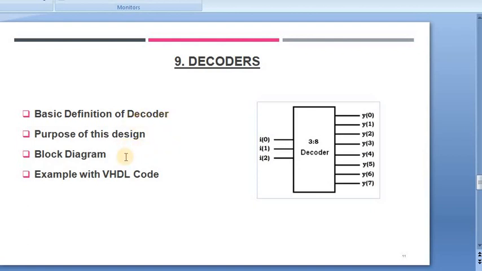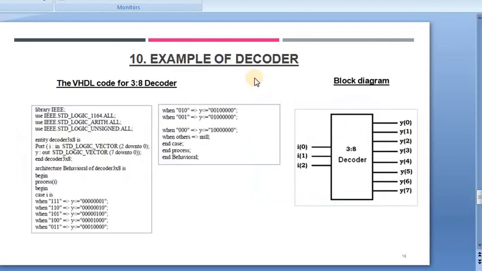Now in order to understand this topic in a better way, let's take an example of a decoder as shown on the next slide. As you see on the slide, an example of a decoder is shown. This is an example of a 3:8 decoder circuit. See its block diagram on the right.